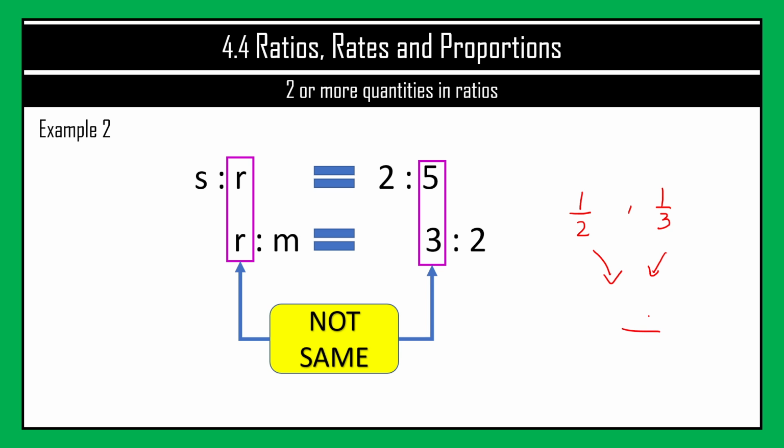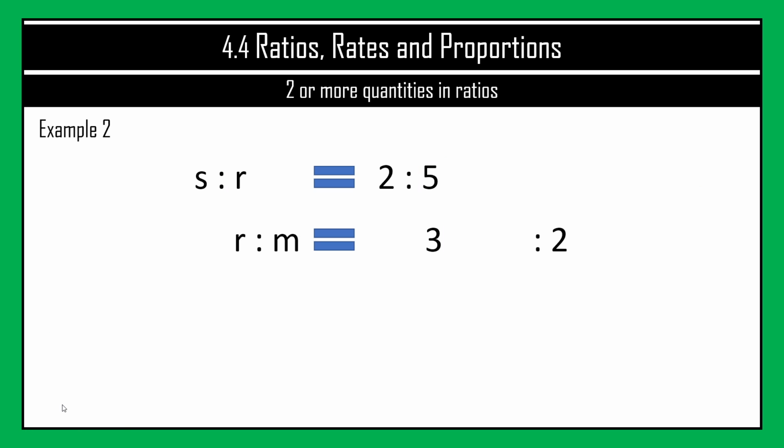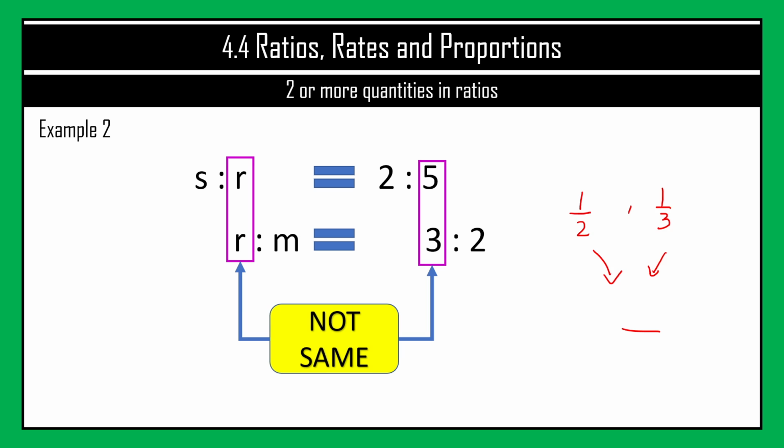So in order for the fraction a half and the fraction a third to have the same denominator, you would have multiplied by the lowest common multiple in order to get the same denominator.